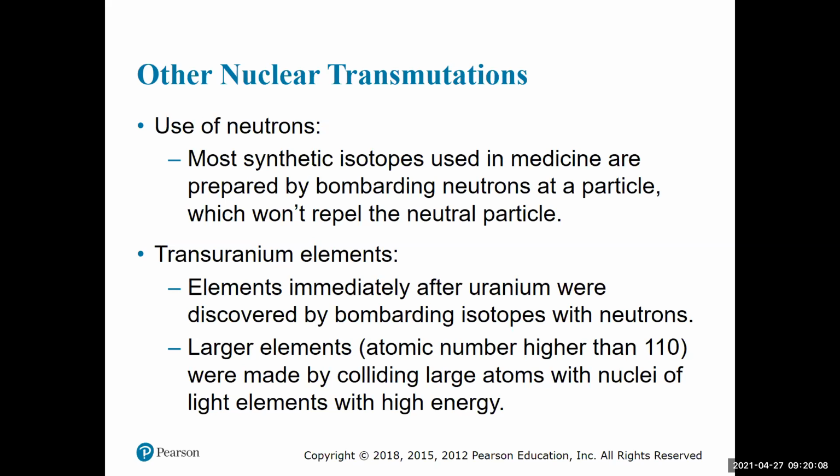I don't know if synthetic or man-made is the right term, but that's how some of those were done. And ones with atomic number higher than 110 were made by colliding large atoms with nuclei of light elements with high energy. Once again, made in the lab, but they're stable, so they get considered to be elements.